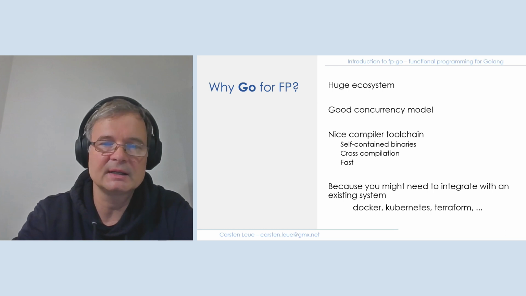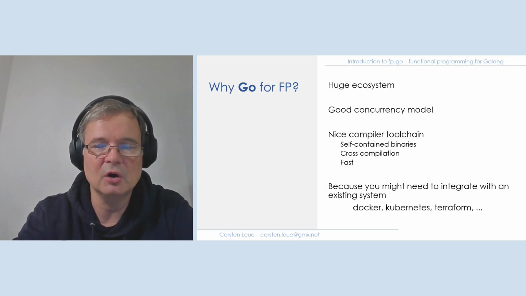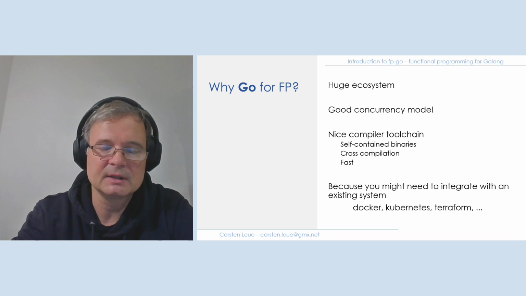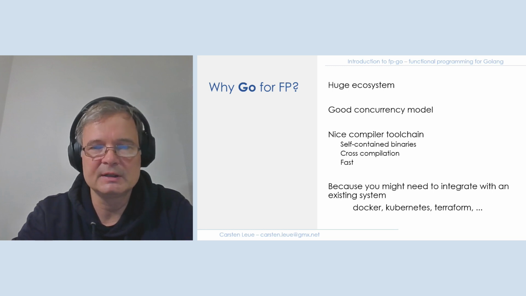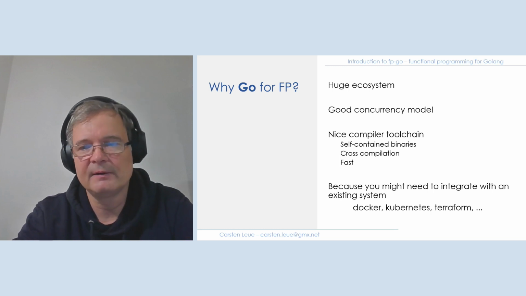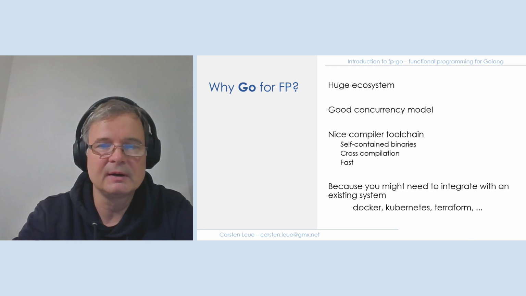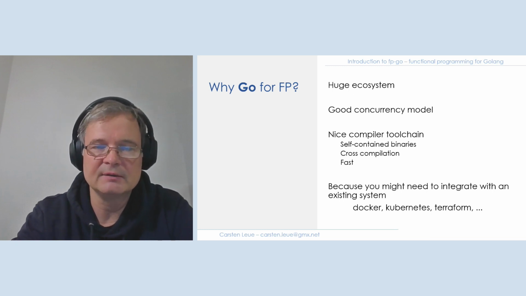Go has the model of what they call Go routines, which is something like, maybe you've heard the term green threads for that. It's basically a concurrency model that is modeled by the Go runtime on top of operating system threads, but in a way that the overhead to spawn such a Go routine is very small.